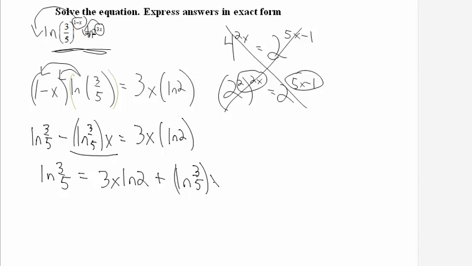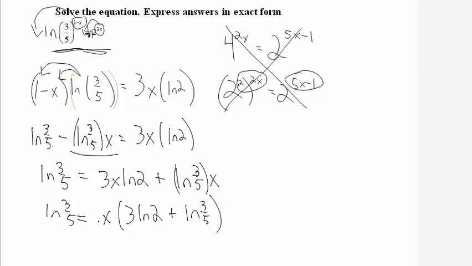Now you see I have my terms written. Now I have both x's on the right hand side, and I can factor out the x, right? Because the goal is to get x by itself. So once I factor that out, I have 3 times the natural log of 2 plus the natural log of 3/5, and that is all equal to the natural log of 3/5.